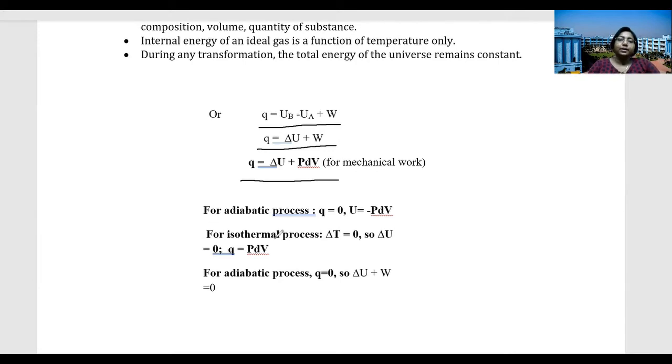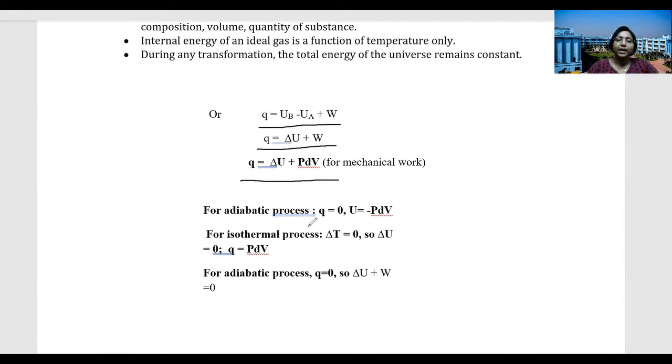Now, this first law of thermodynamics has different forms for different conditions. I am giving a few examples of processes that have special forms.